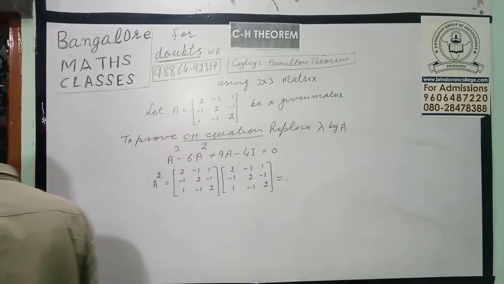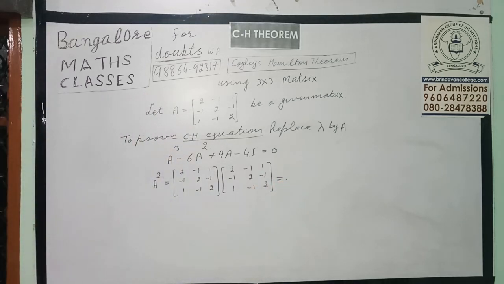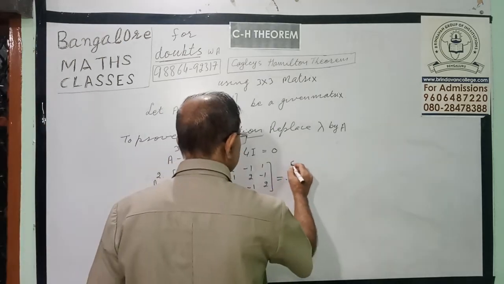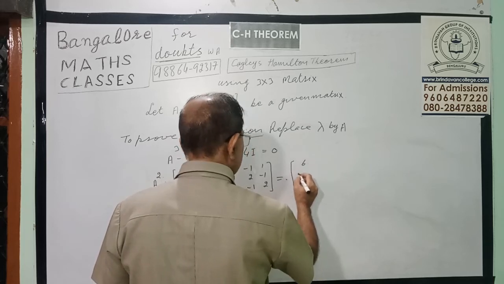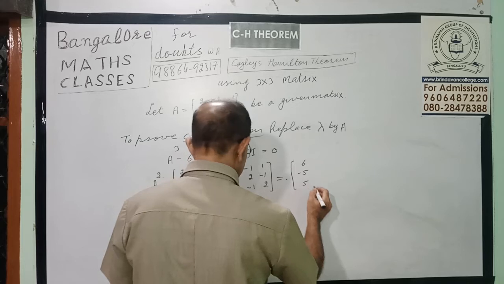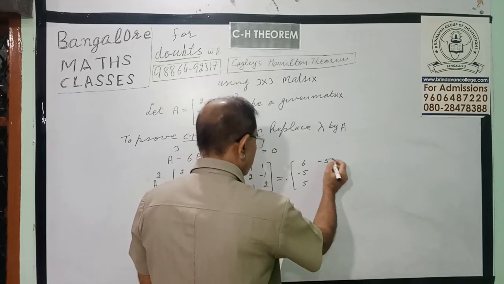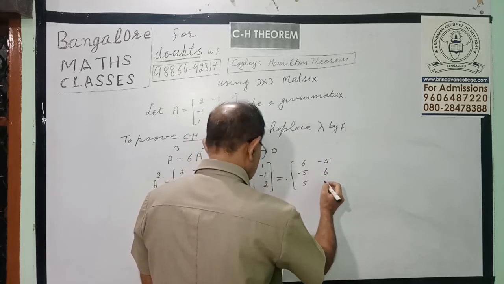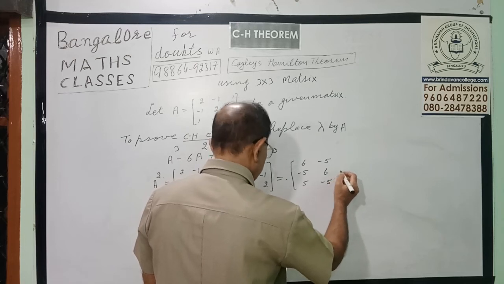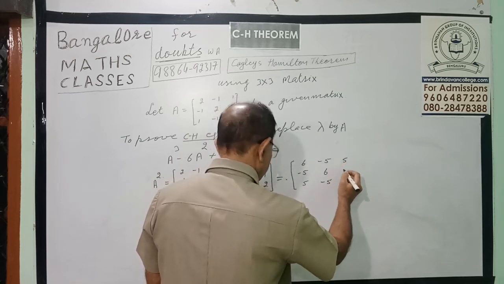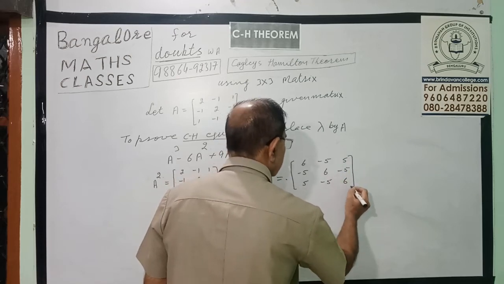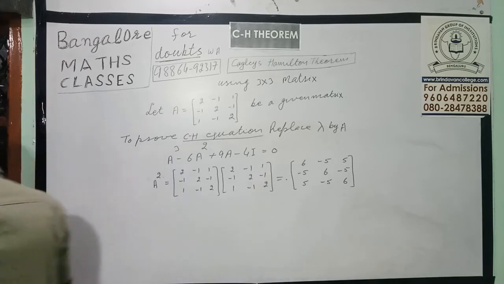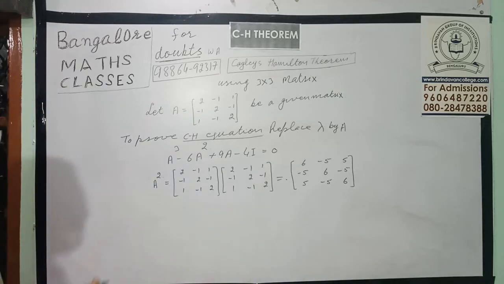So multiply the two, we will get A square as, you can multiply, we have done it so many times: 6 minus 5 5, minus 5 6 minus 5, 5 minus 5 and 6. So A square will come out to be this.